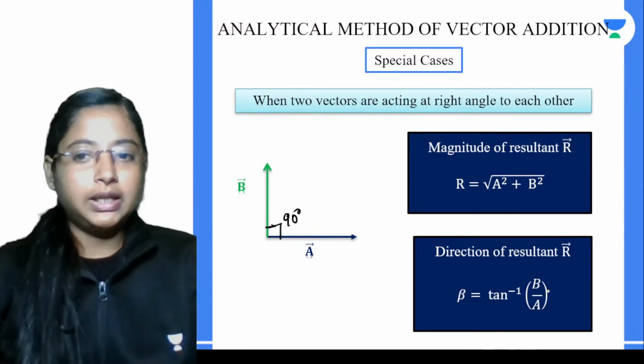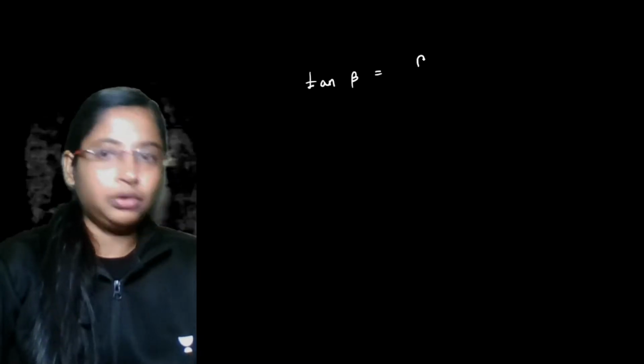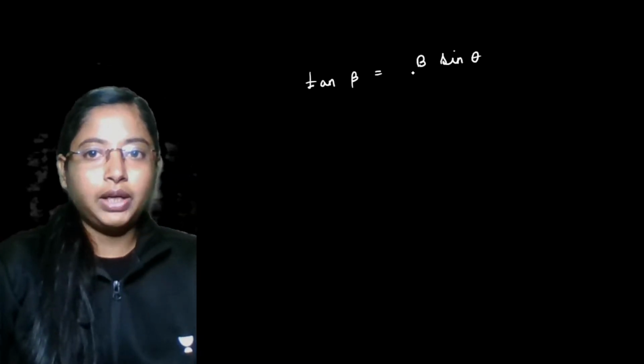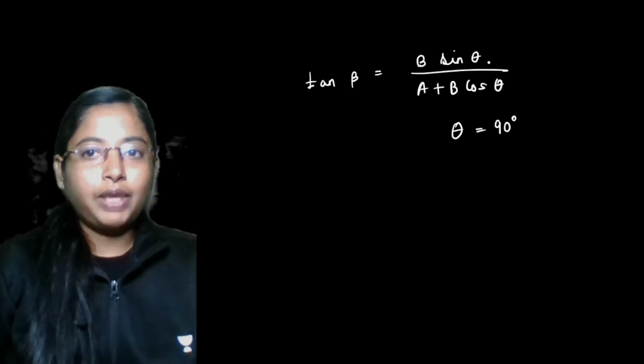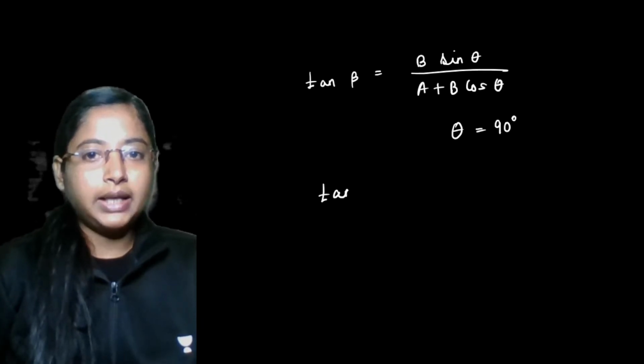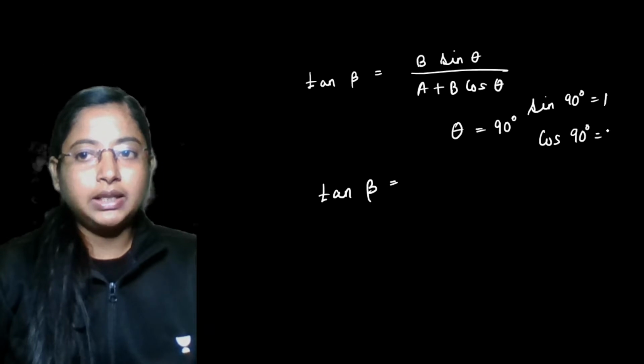Now, what will be the direction? To find the final direction, we know tan beta is equal to b sin theta divided by a plus b cos theta. Here theta is equal to 90 degrees. We know sin 90 degrees is 1, but cos 90 degrees is 0.